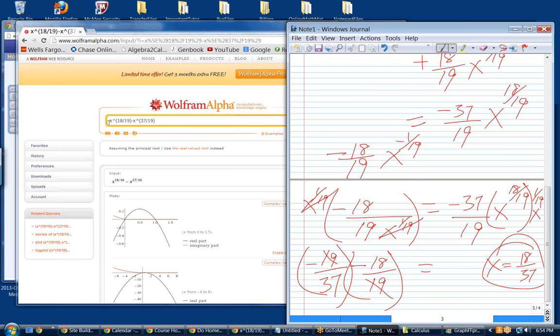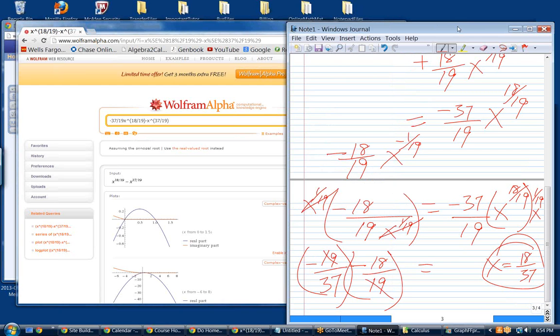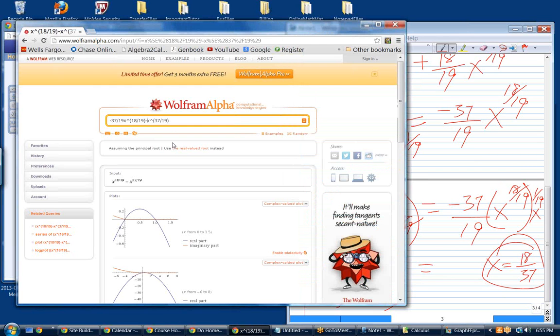Let's see, we want negative 37 divided by 19 times x raised to the 18/19th power minus 18/19ths x raised to the, what was it, negative 1/19th?